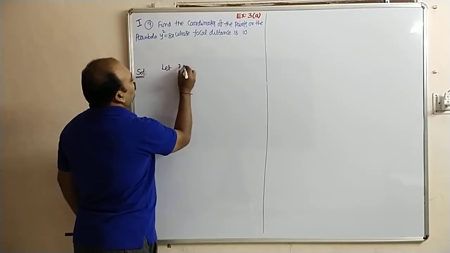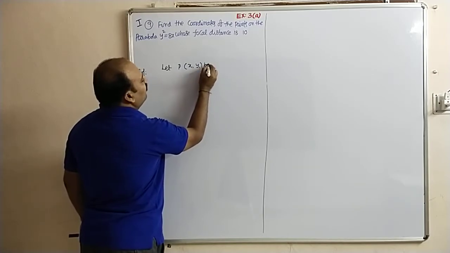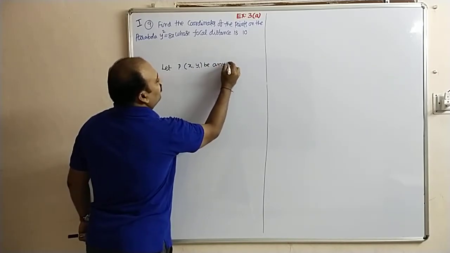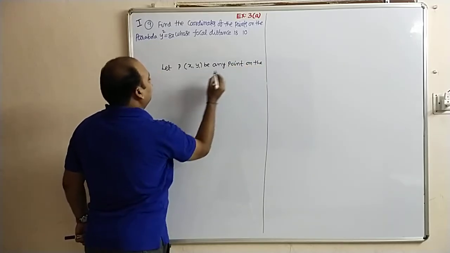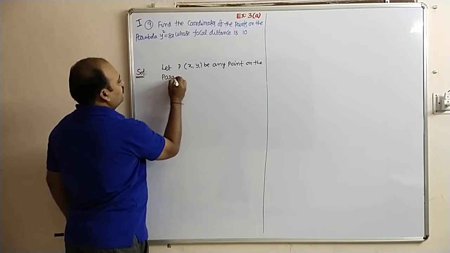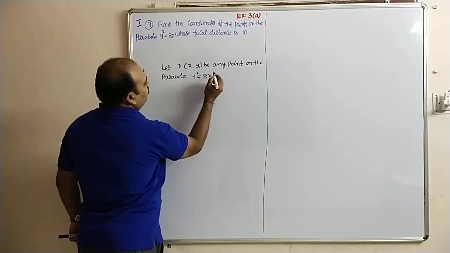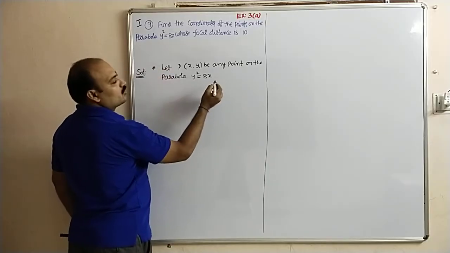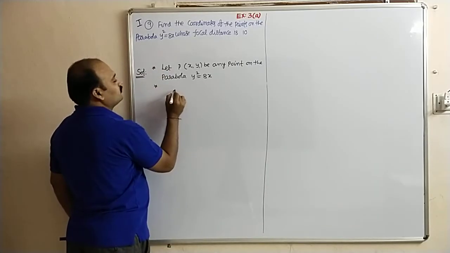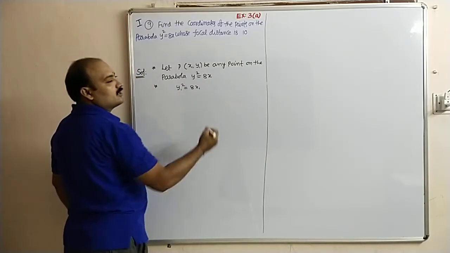Let P of (x, y) or (x1, y1) be any point on the parabola y square equal to 8x. So it becomes y1 square equal to 8x1. The point lies on that.